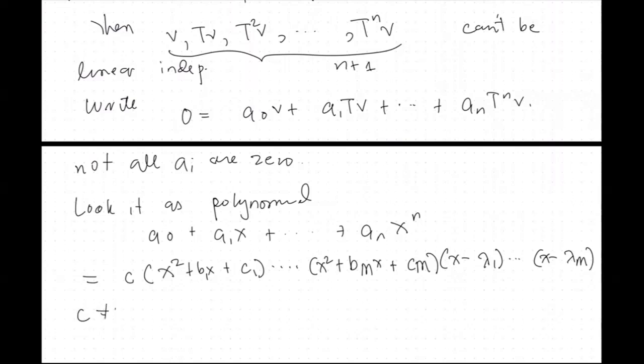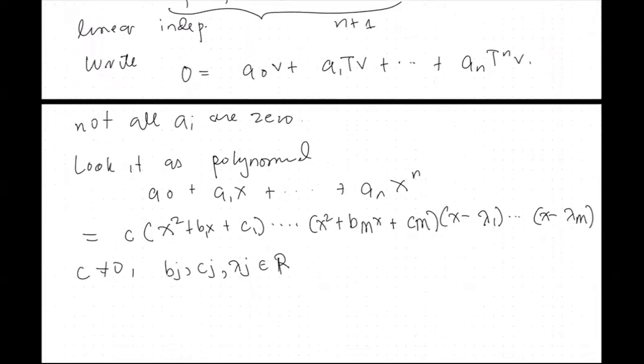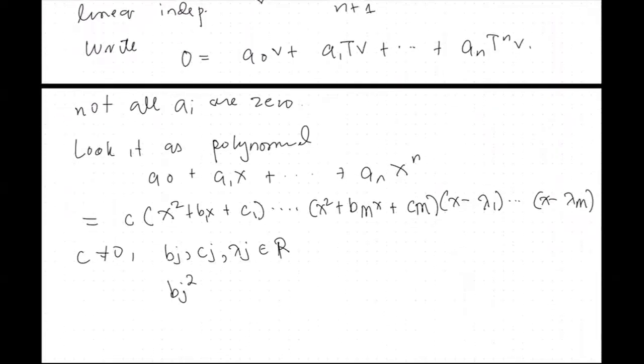Here c is non-zero, bj, cj, and lambda j are real, and bj squared is less than 4cj. And then m plus the number of lambdas, of course, should be greater than or equal to 1.